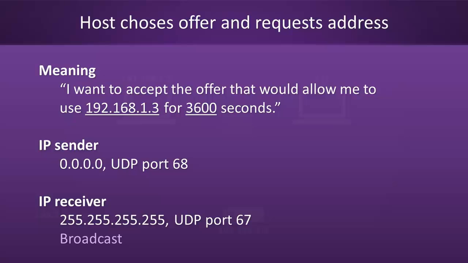In this specific example, the host wants to claim 192.168.1.3 for 3,600 seconds, which of course is equal to 1 hour. Once again, the sender field says 0 because we don't have an address yet. You should also take note of the ports that are used here. We're doing 68 to 67, which is client to server.